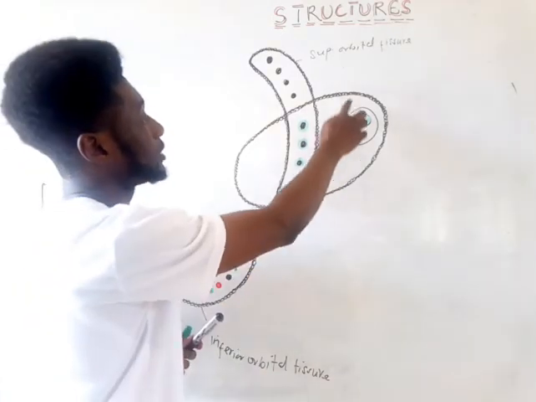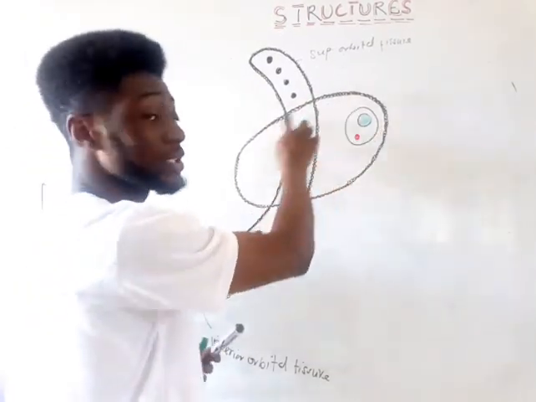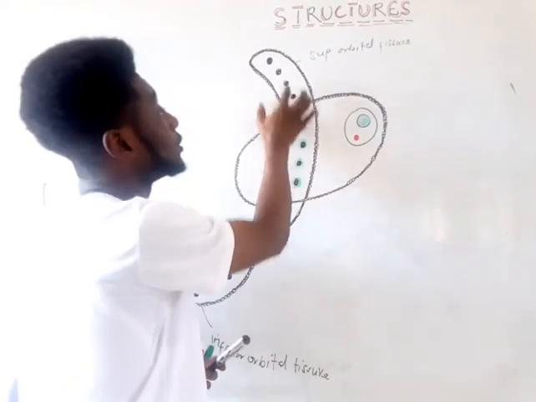Alright. Now this structure, an oval-shaped one, lies on the superior orbital fissure.